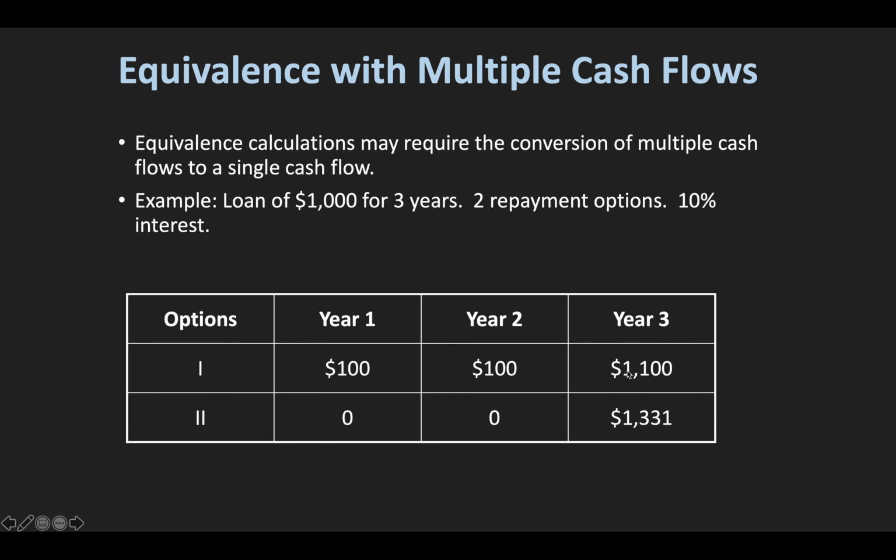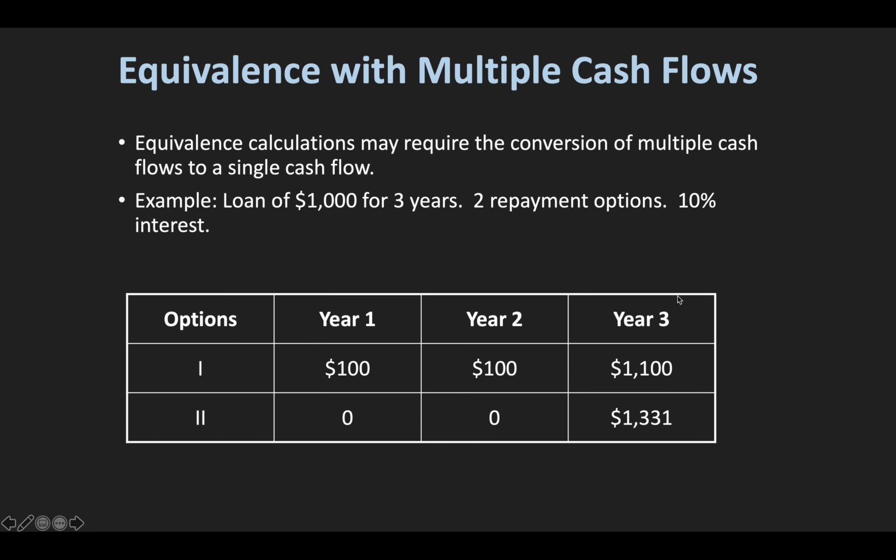Because look at these two options. One is that at the beginning of year one, we borrowed $1,000, and then at the end of year one, we pay back $100. At the end of year two, we pay back another $100. And then at the end of year three, we pay back $1,100.